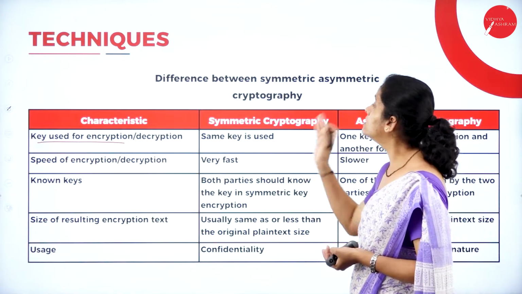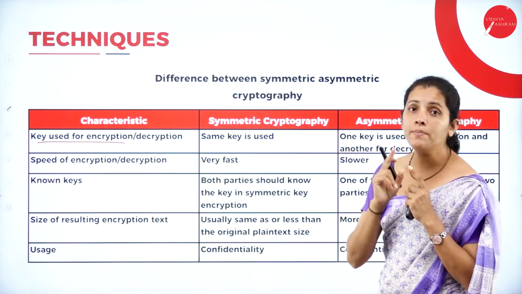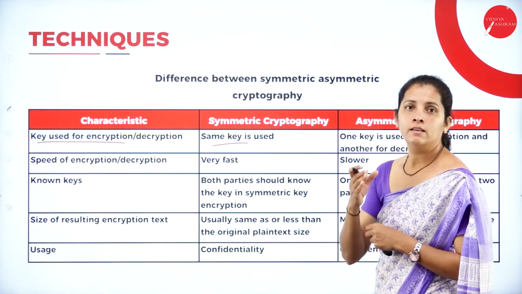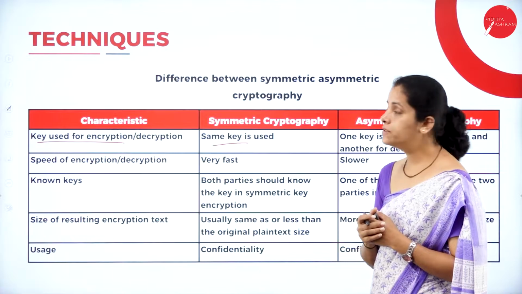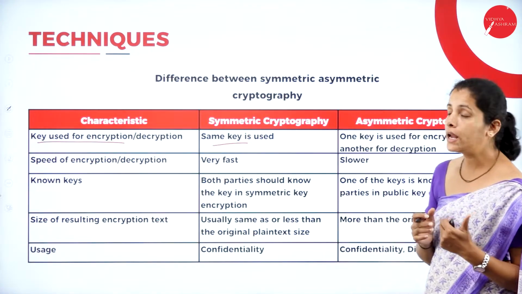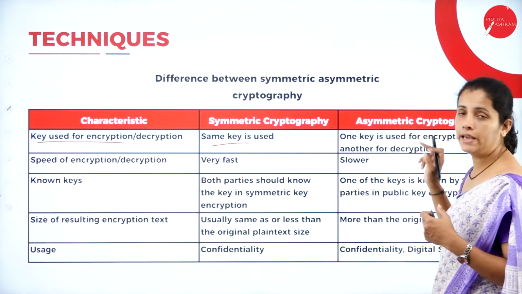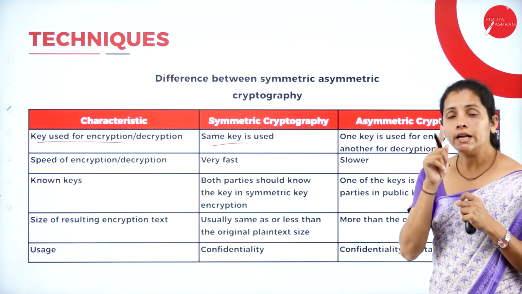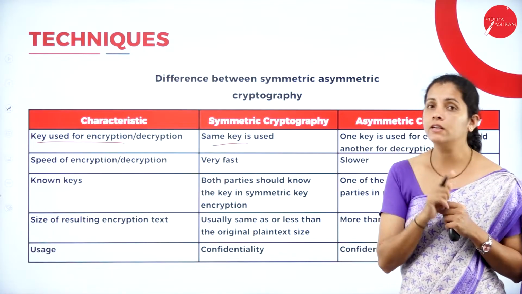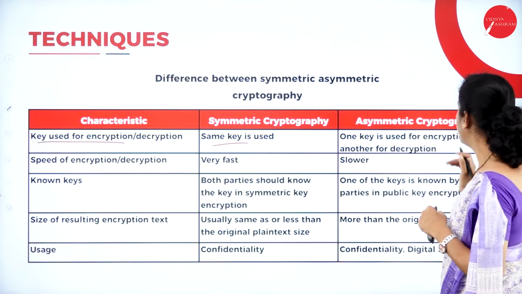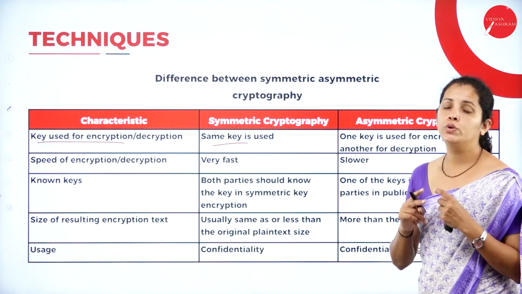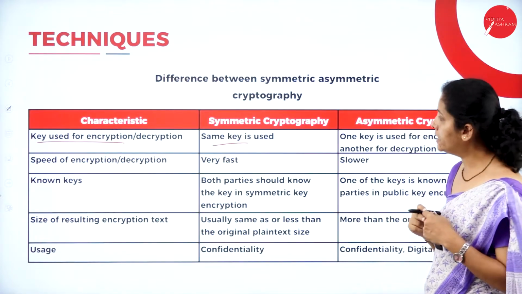In symmetric key encryption, a single key, the same key, is used by the sender as well as the receiver, whereas in asymmetric key encryption, the sender uses the public key and the receiver uses the private key. That means both parties use two different keys.